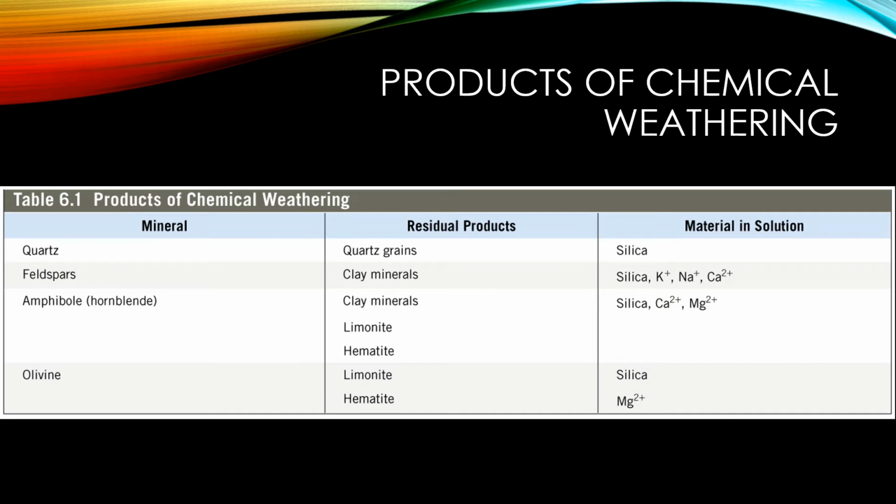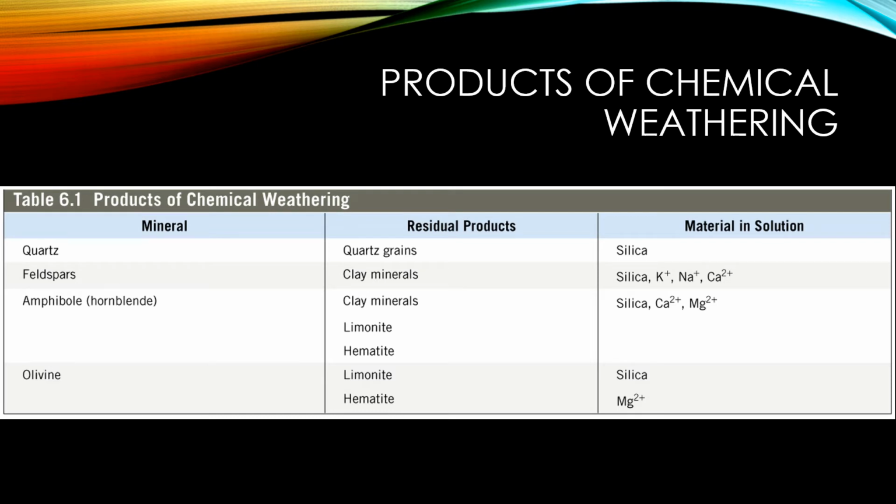If we look at feldspars, on the last slide talking about granite, I talked about the example of potassium feldspar being attacked by carbonic acid as a form of chemical weathering. So the residual products of feldspars like potassium feldspar and plagioclase feldspar are clay minerals, which again I'll get into what exactly clay minerals are a little bit later in this lecture.